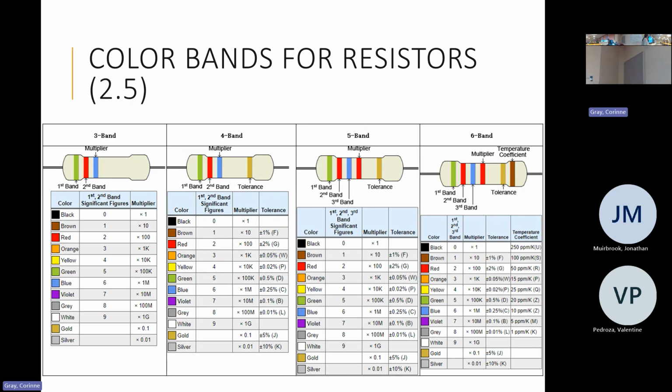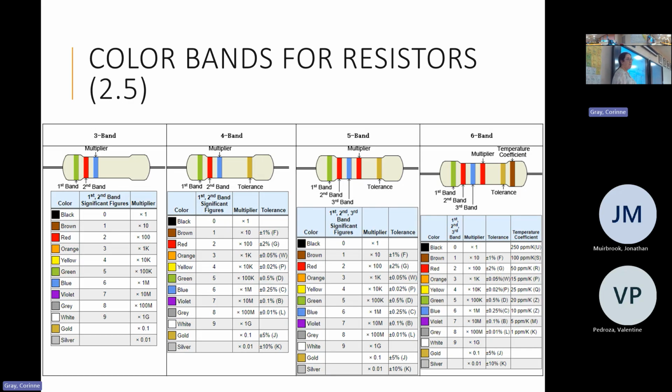With these, the idea is that you figure out how many bands are on your resistor. You can have 3, 4, 5, or 6 bands. You figure out which one of these you belong to. So let's say we're looking at a 4 band. You would look at each band. The one that's going to be further away, you would put over to the right. You would look at your first band, in this case green. So I look for green in the first band.